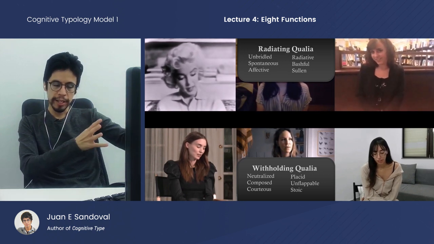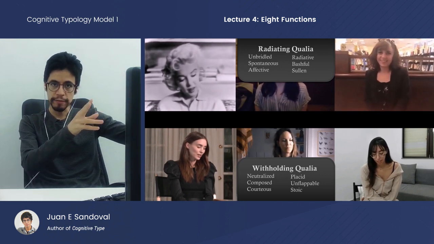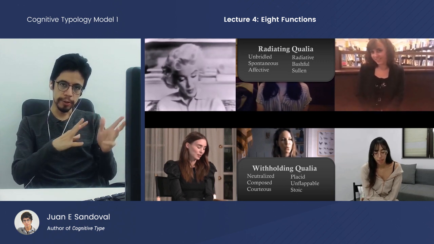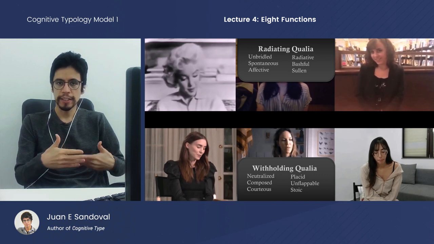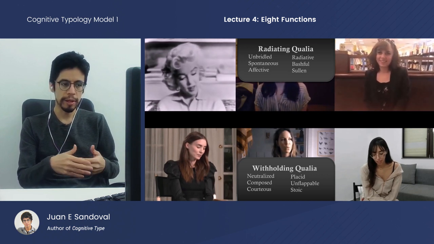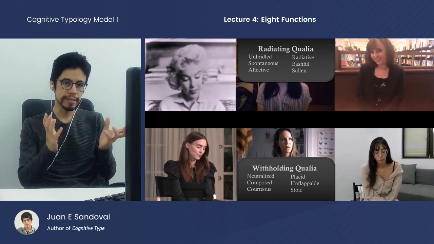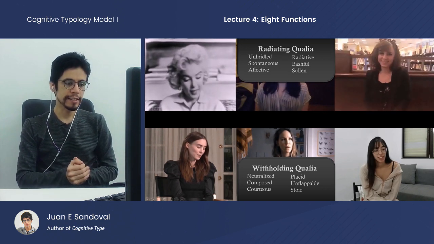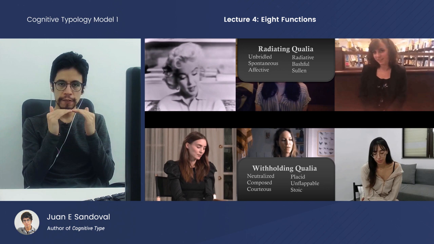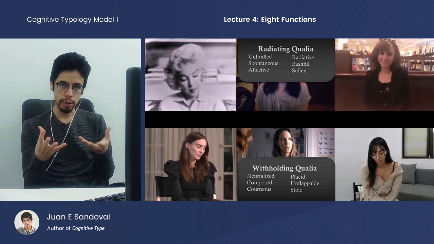So the top radiating group is very spontaneously affective, and the withholding types are courteous in their affect. Their affect comes out when they allow it to, and in the ways that they allow; otherwise they withhold it. Another word here is placid. And lastly, they can be described as unflappable and stoic.